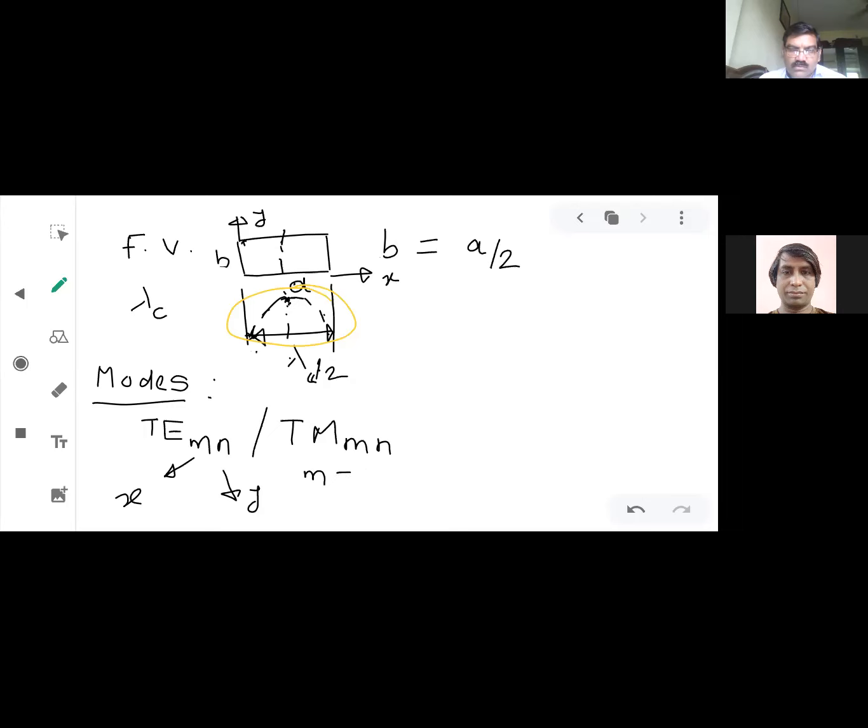So m can range from 0, 1, 2, and any larger number. And similarly, n can range from 0, 1, 2, 3, and any larger number.